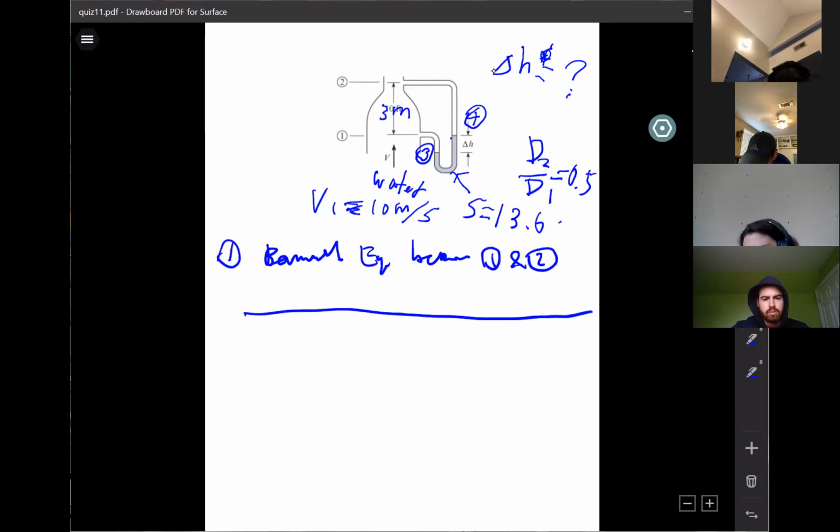You want to specify your location Z, and put your origin Z at 1. Go ahead now. Write down the Bernoulli equation between 1 and 2. You don't need to get rid of any terms. Leave them there.